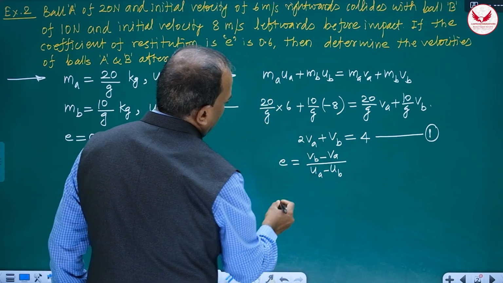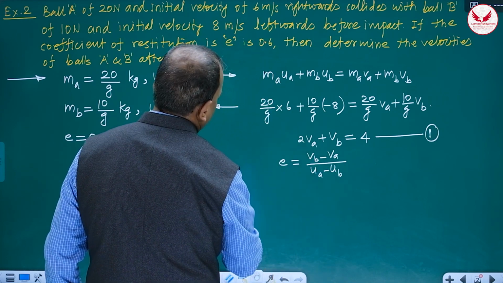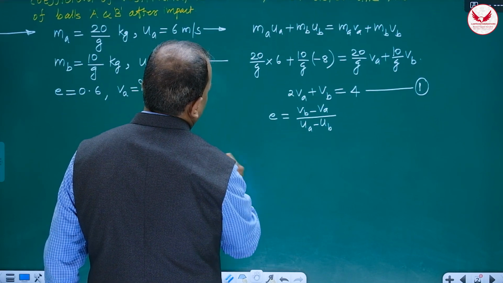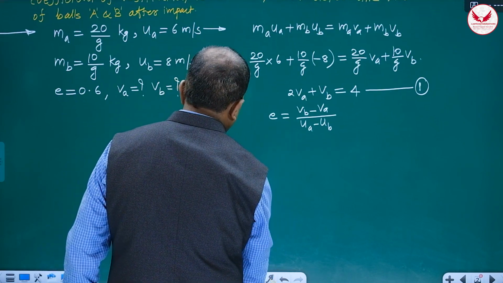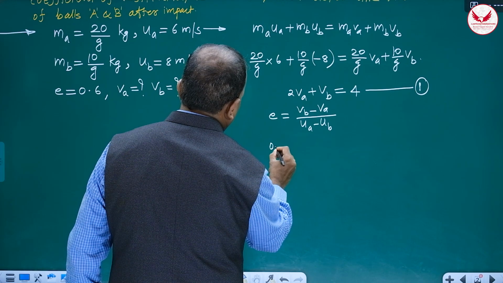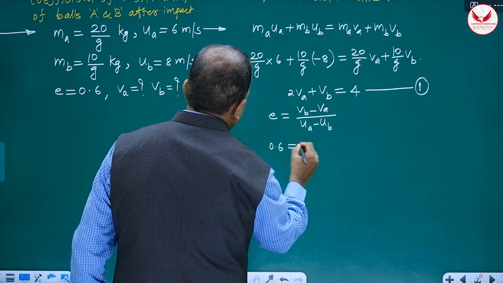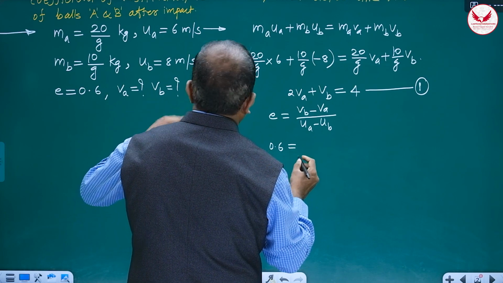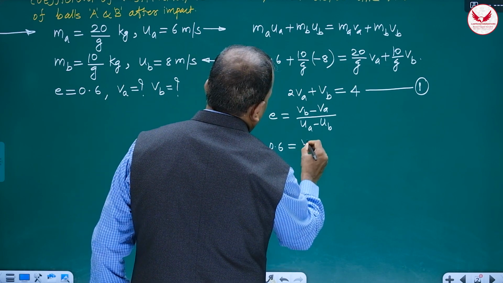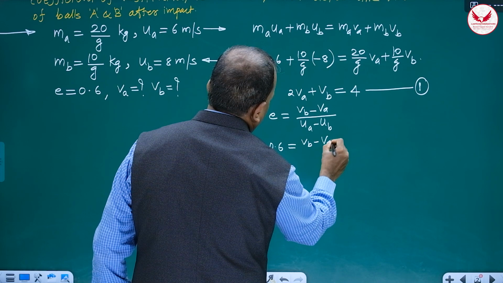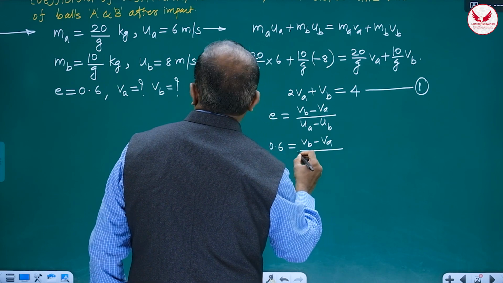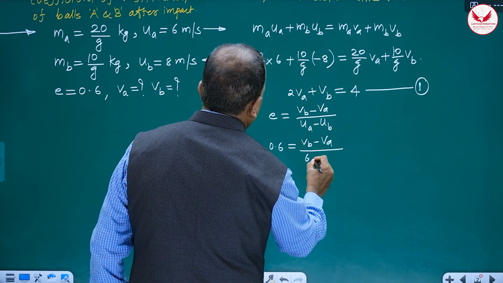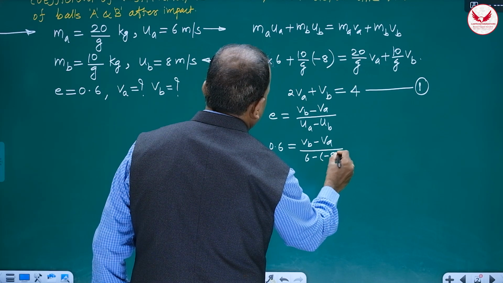Then it is 0.6 equal to VB minus VA divided by UA, UA is 6 minus minus 8.